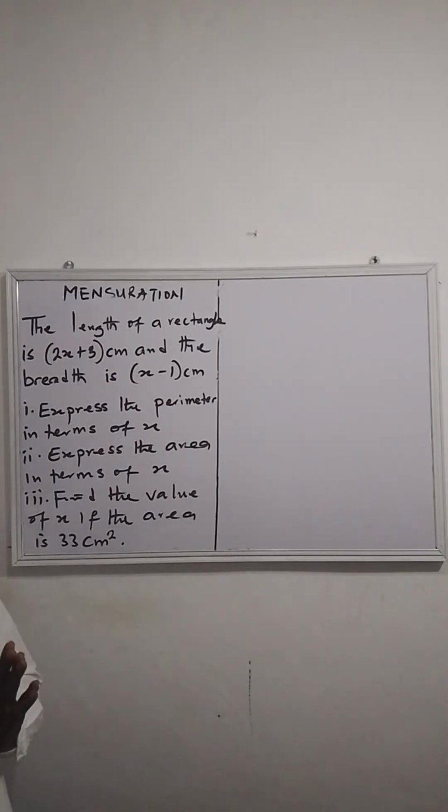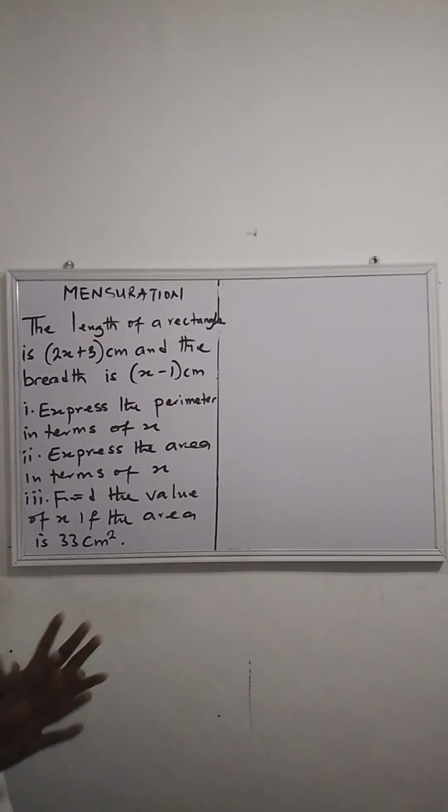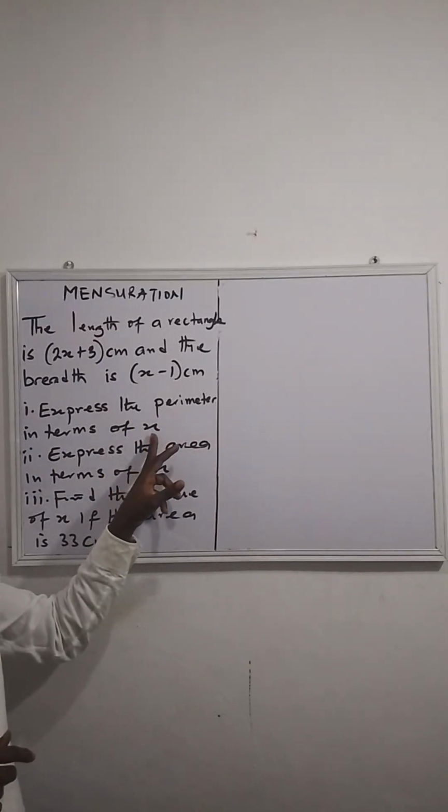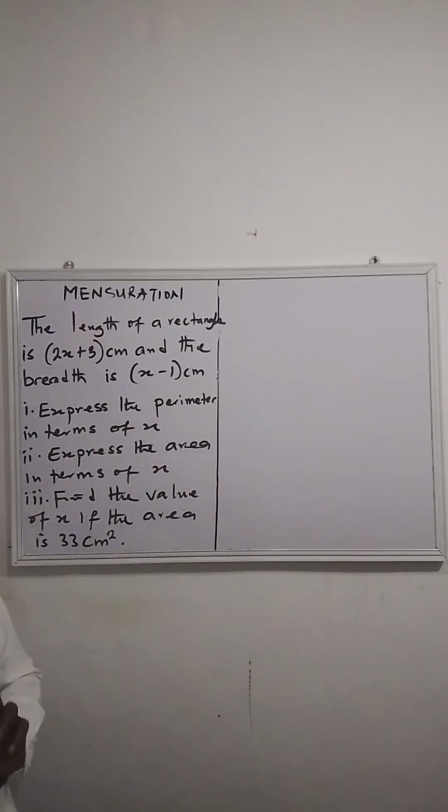I hope we all understand the concept of the question. So now let us see how we can express perimeter in terms of x. What should come to mind is, what is the formula for calculating perimeter of a rectangle? That's what we are going to begin with.